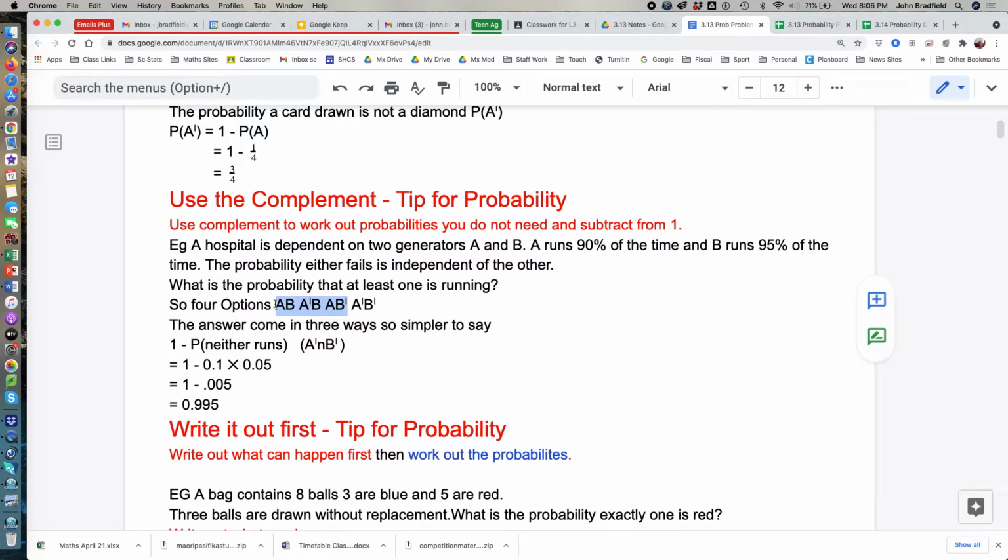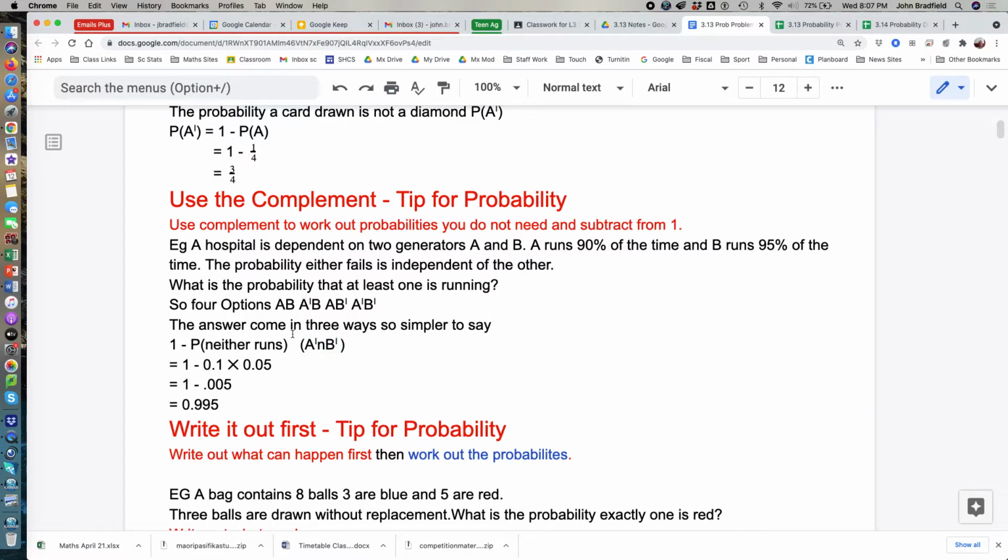And so, rather than work out the probability of all 3 of those things, we can just work out the probability of one of those things. That's where neither A nor B are running. And so we can go 1 minus the probability that neither runs. A little bit of notation, that means the complement of A and the complement of B. So neither are running.